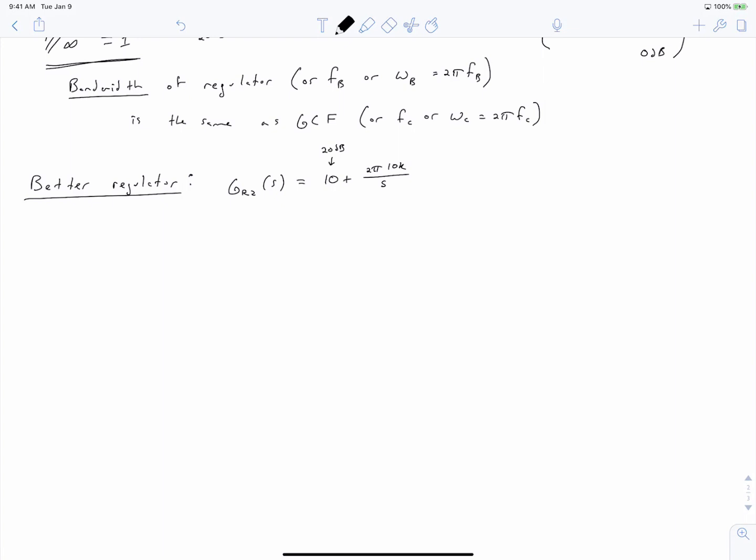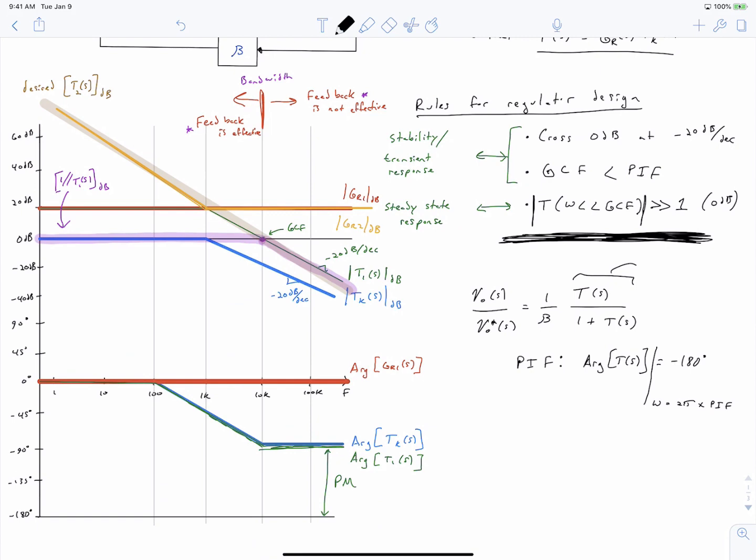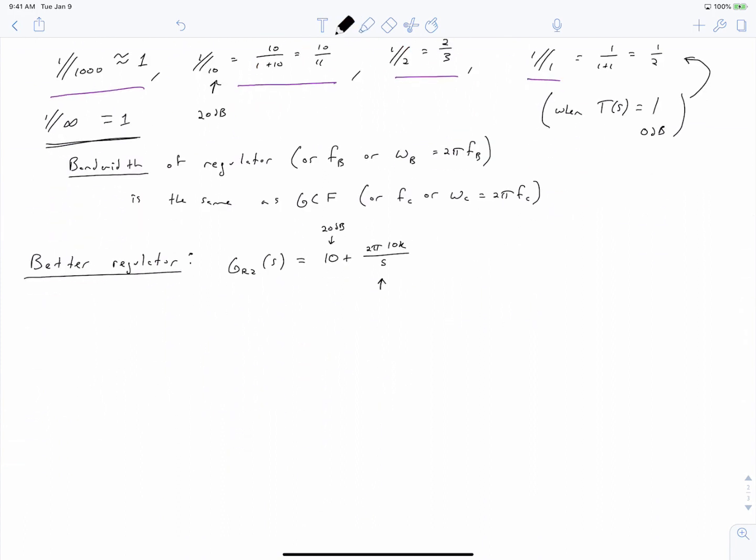So we can see that this transfer function is going to be unity at 10 kilohertz, or 0 decibels at 10 kilohertz, which is what we have up here. That's right there. And if we work with this a little bit, we can put it into the form of an inverted zero, which is equal to some gain times 1 plus the form of an inverted zero, where omega z is equal to 2 pi times 1,000, and our gain is equal to 10.